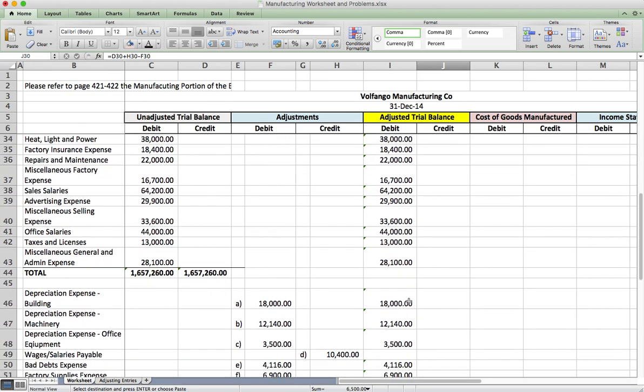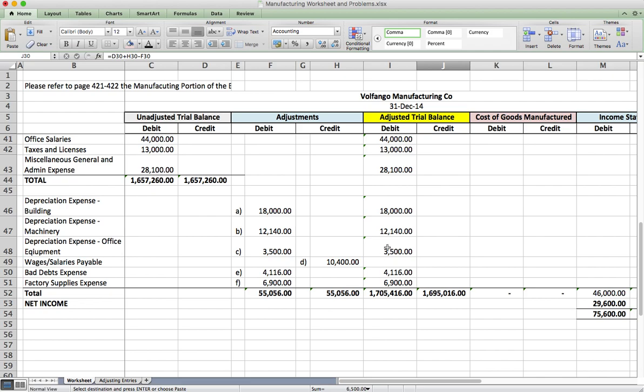So, wala naman na yata. Okay? Ito pa. Liability. Okay. Ayan. So, yan na yung adjusted trial balance. So, napansin nyo, balance naman si adjusted trial balance natin. From 1657 to 60, nagkaroon tayo ng adjustments. And we have here the adjusted trial balance.